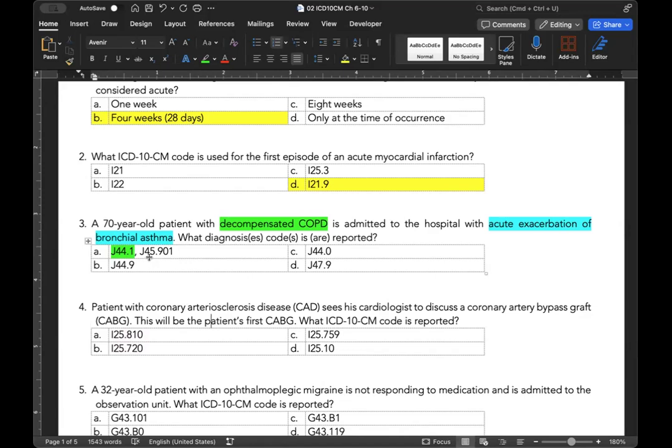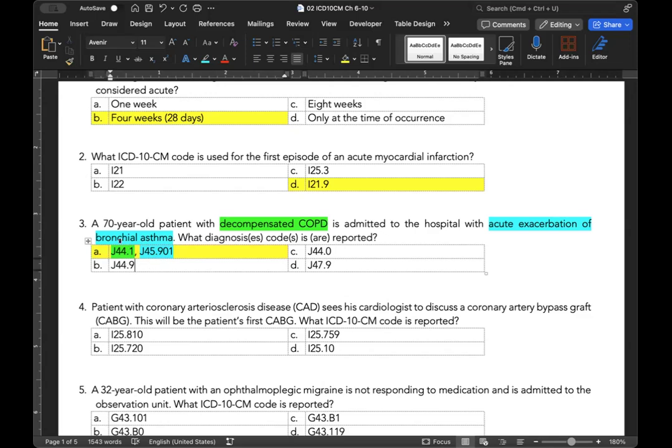So asthma with exacerbation gives us J45.901. Like I said, from a testing perspective, once we found that COPD with the exacerbation, then we knew what our answer was. But I want to make sure that everybody knows real world, we're not always going to have multiple choice.